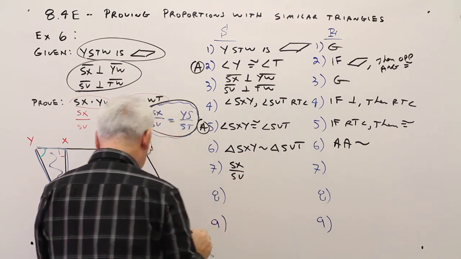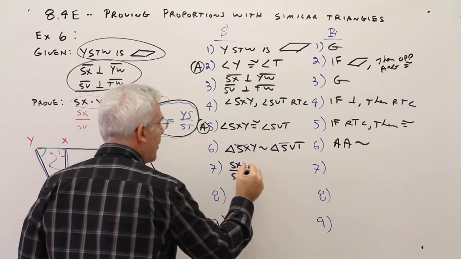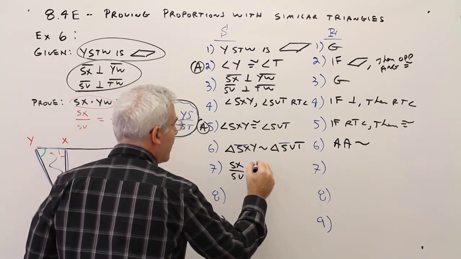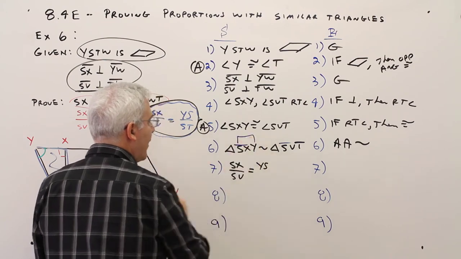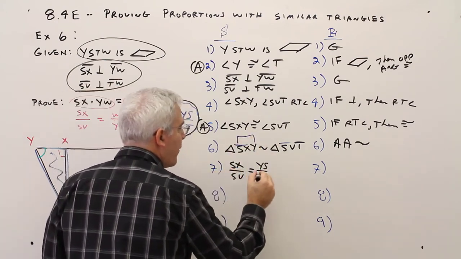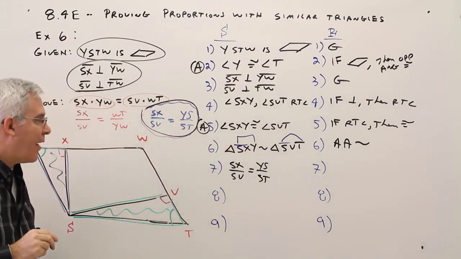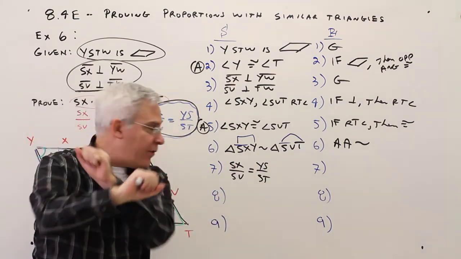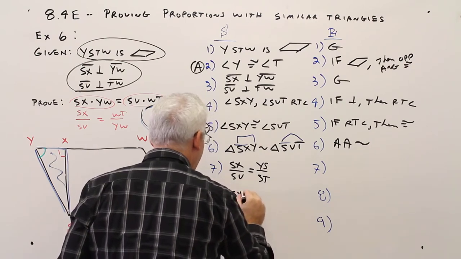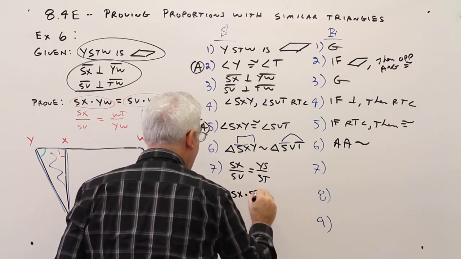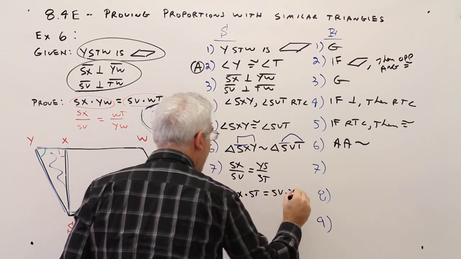SX over SV, so that's first two over first two, equals YS, that's first and last, over ST, that's first and last, so that makes sense. Then I'll cross multiply. So then I'll get SX times ST equals SV times YS.